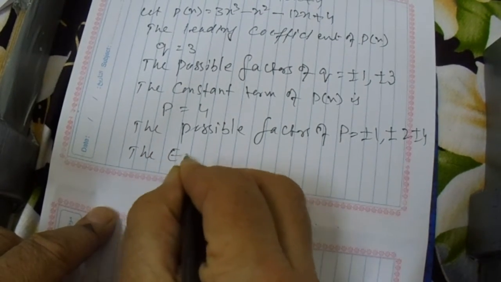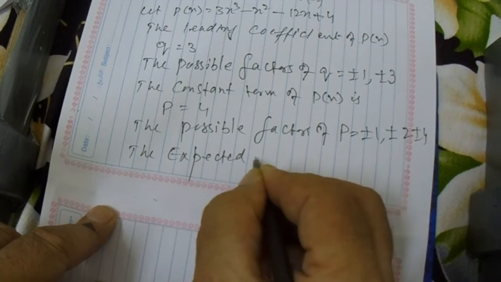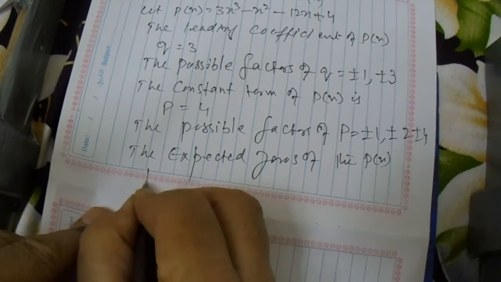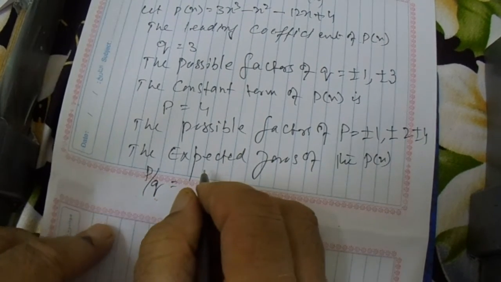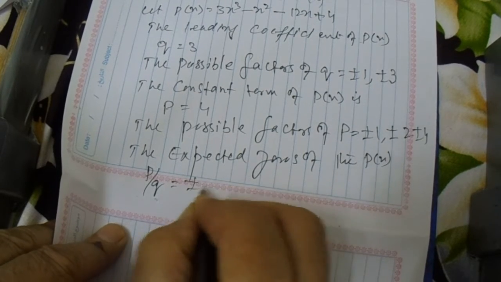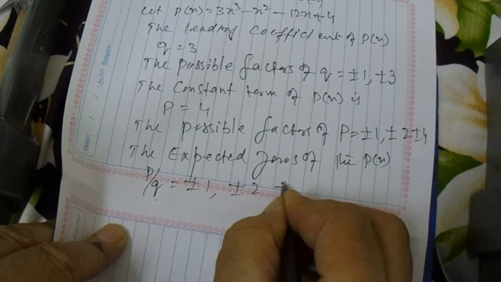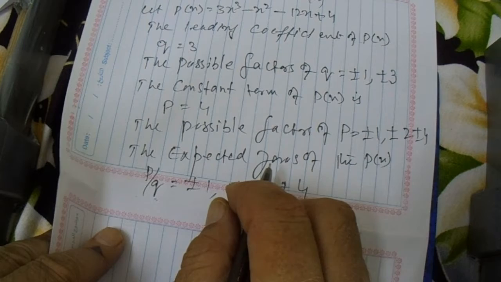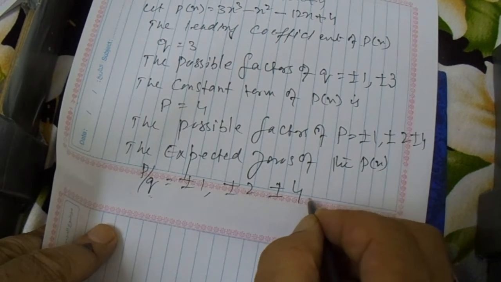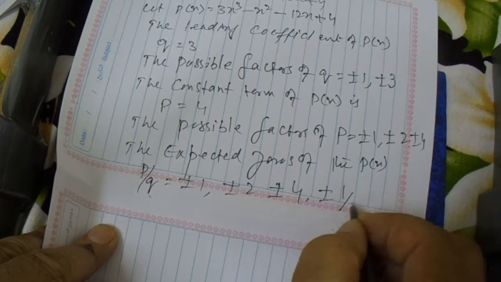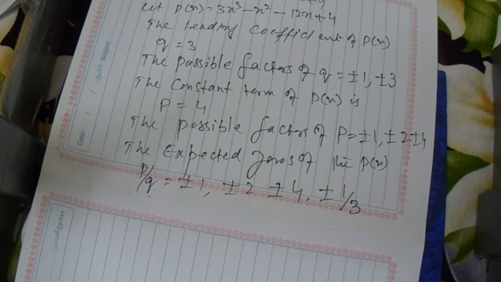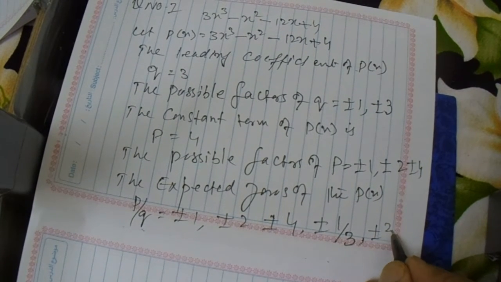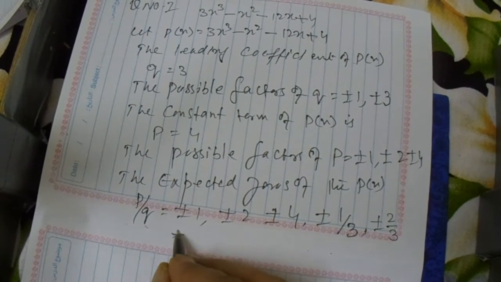The expected zeros of P(x) are P over Q, which is ±1, ±2, ±4, and ±1/3, ±2/3 and ±4/3.